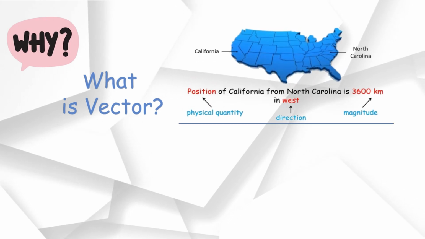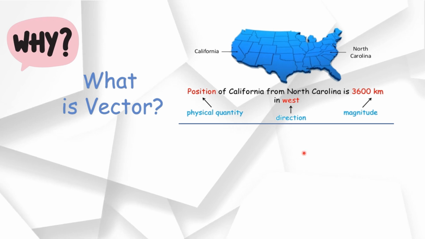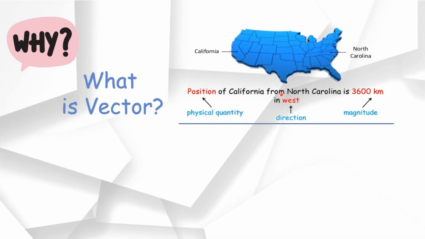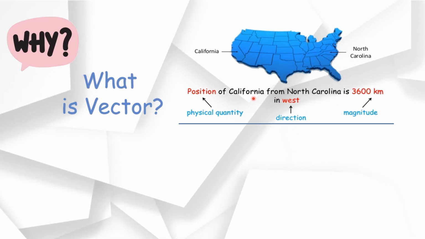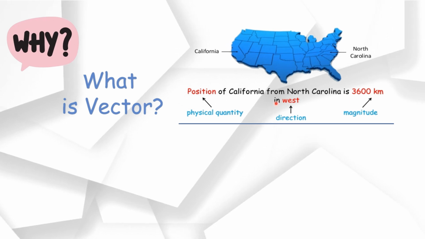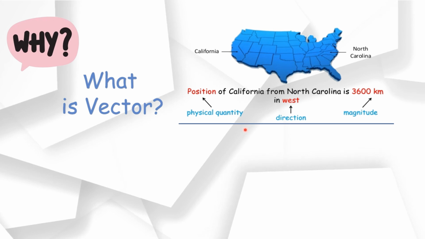Now, what is meant by vector? Let's have an example. A vector is a physical quantity which is completely specified by magnitude, and not only magnitude, it also needs a direction. So, position of California from North Carolina is 3600 kilometer in west.